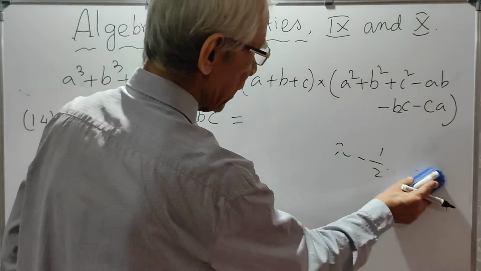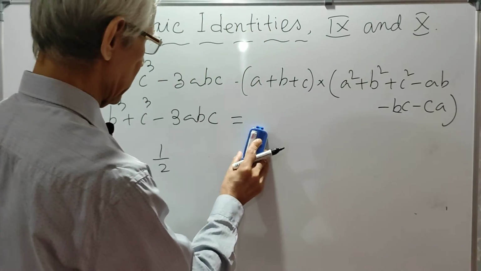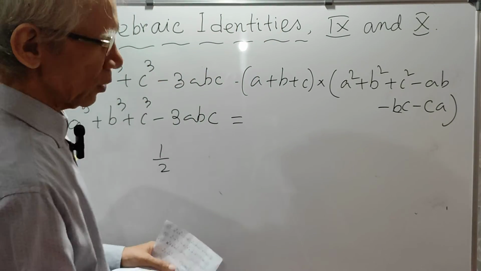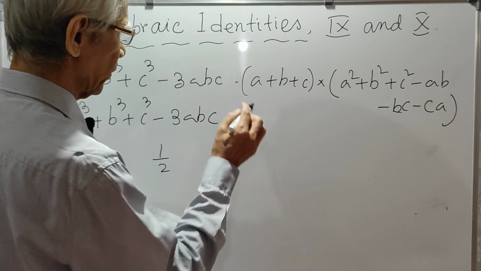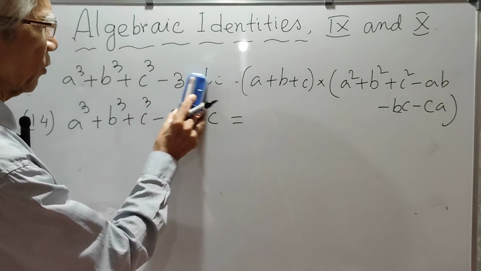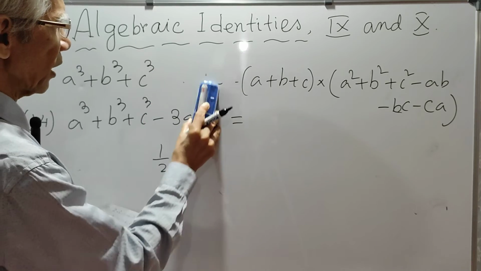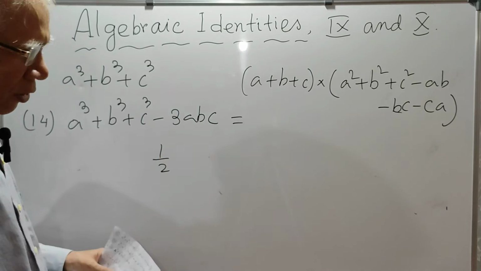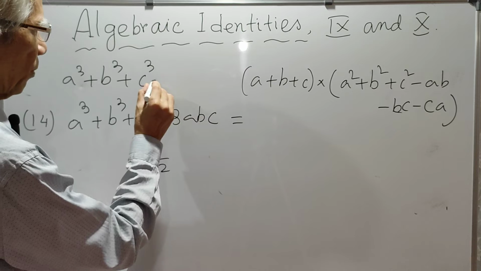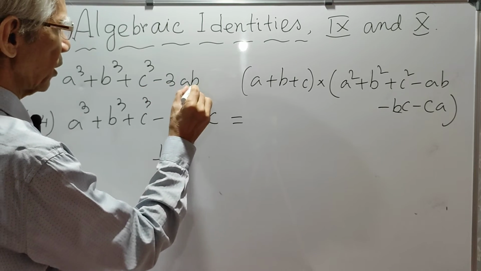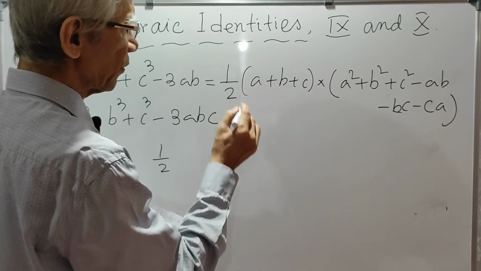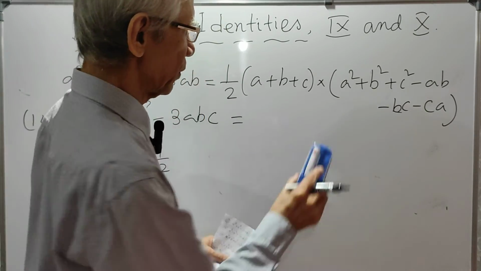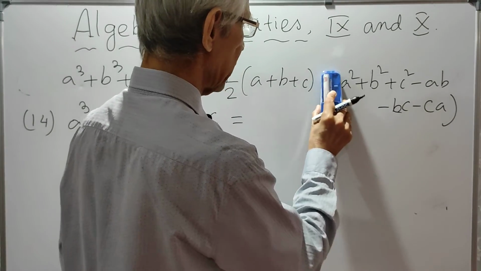We are going to multiply this by half and 2. So a cube plus b cube plus c cube minus thrice abc is equal to this one, isn't it? So we multiply by half and then multiply by 2.